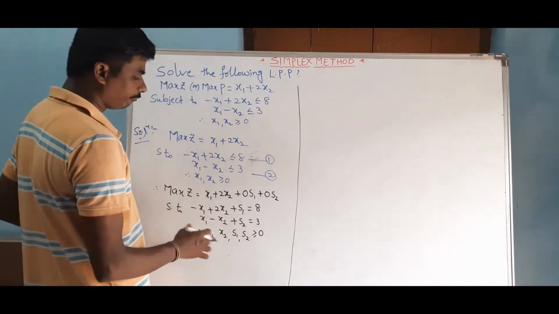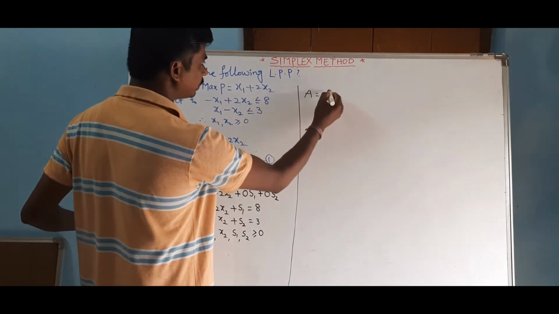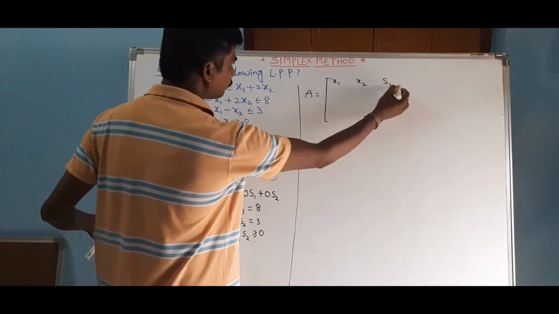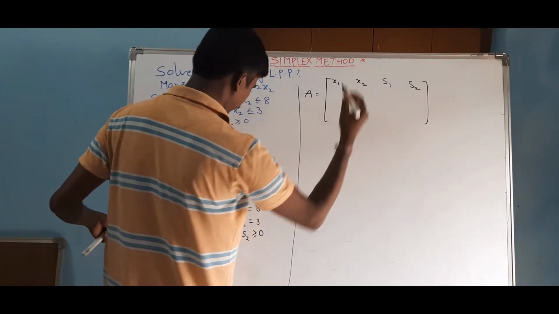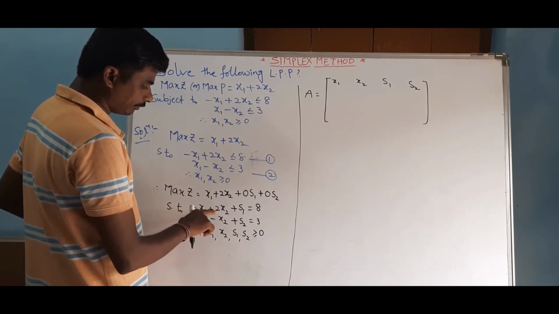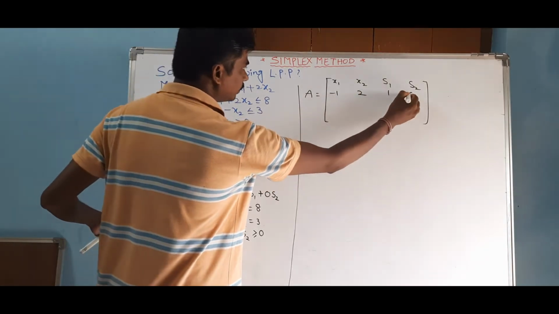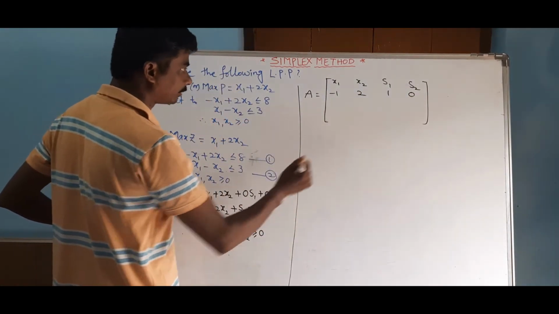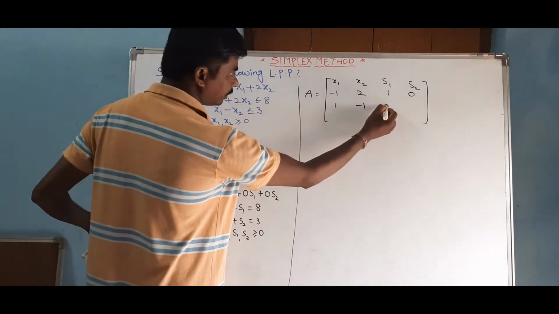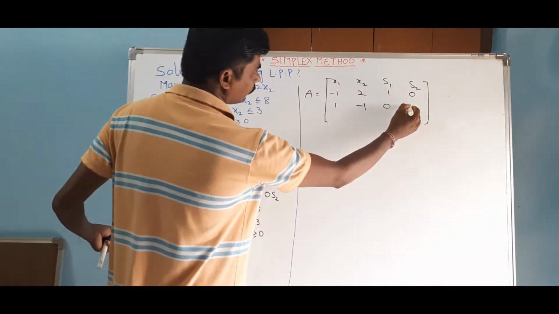Now the matrix form. We find the matrix form: A equals, C with x1, x2, s1, s2. Right? See here, minus 1, 2, 1, 0. Next 1, minus 1, and s1 is not there here, so for the second equation 0, 1.